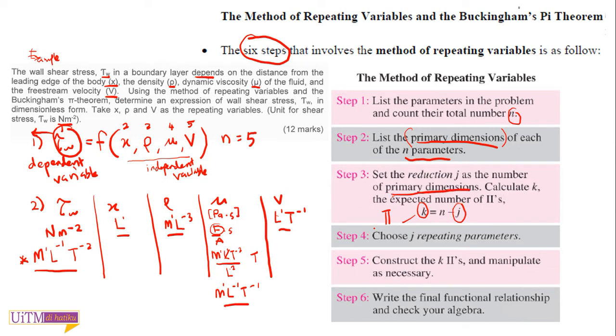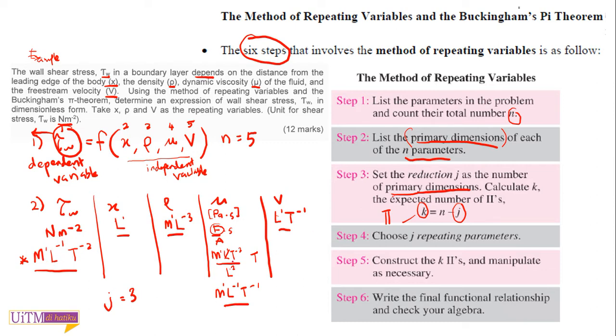In this question, your primary dimension number is 3. You have M, you have L, and you have T. So 3 primary dimensions for the parameters. So your J is 3.